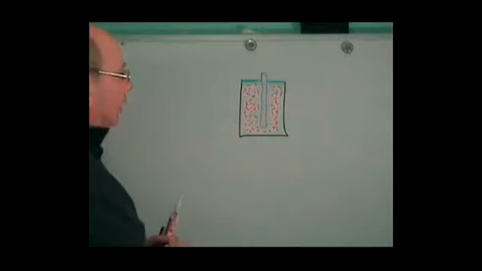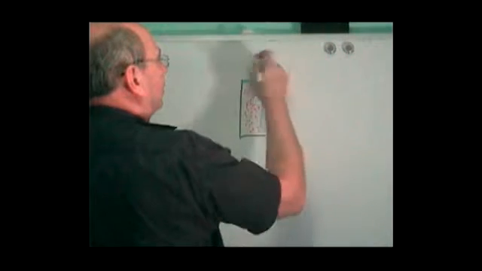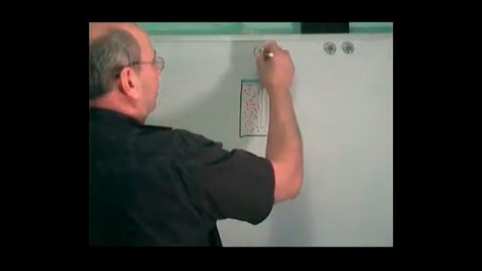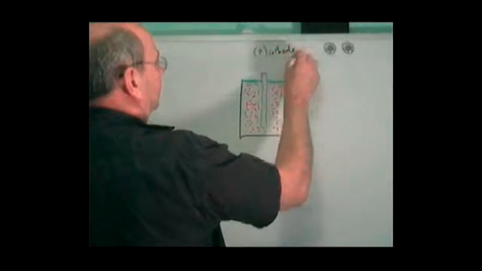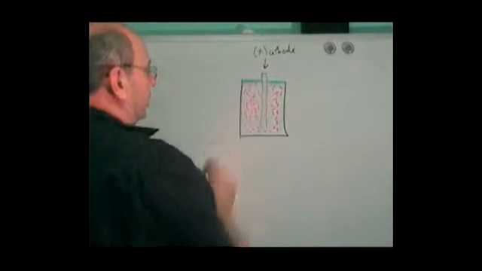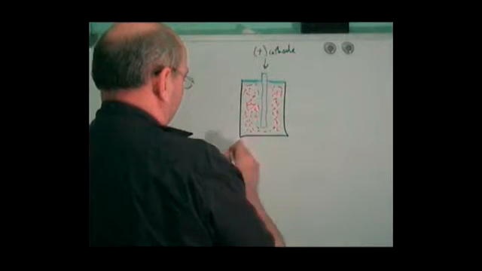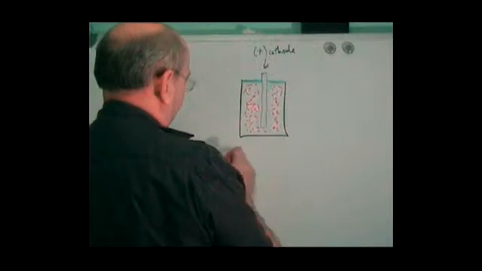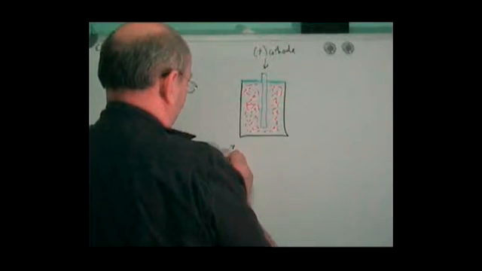So when we look at this, this is the positive up here, and this is our cathode. It's the cathode right here. Down here is our negative, and that's the zinc.